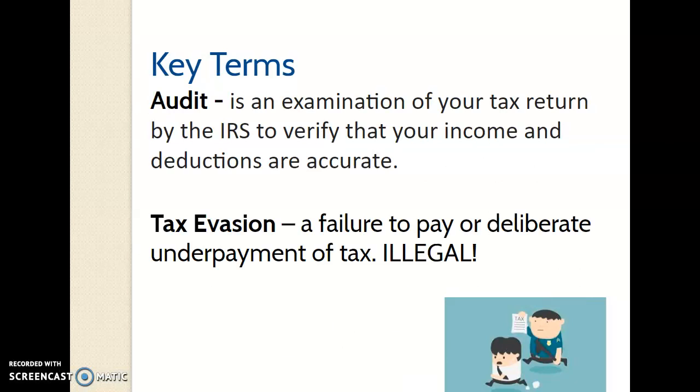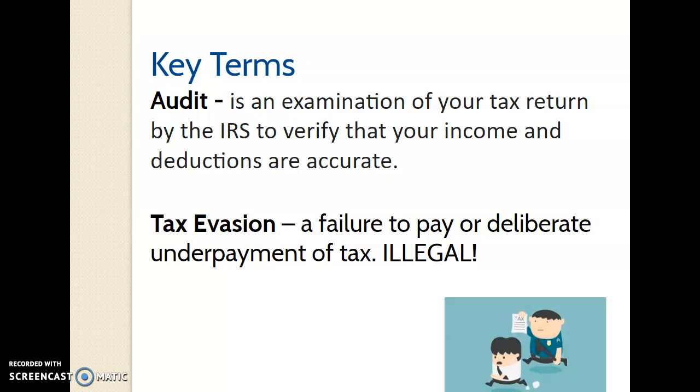An audit is when the Internal Revenue Service wants to take a closer look at your tax returns and verify your income and deductions are accurate. The IRS may randomly do audits, or sometimes a red flag will show up for them, and they will then do an audit because of that. This is how they'll make sure that people are properly filing their income taxes.